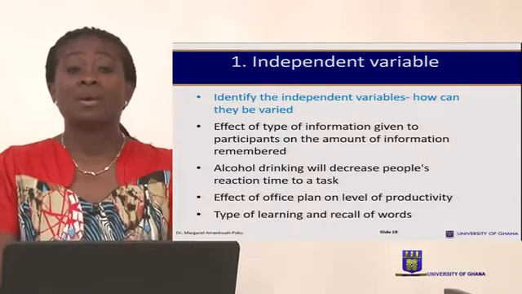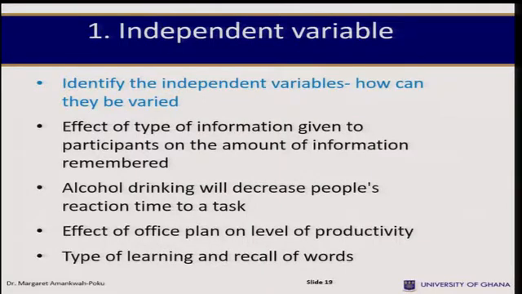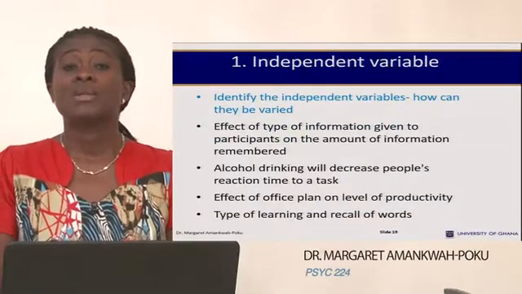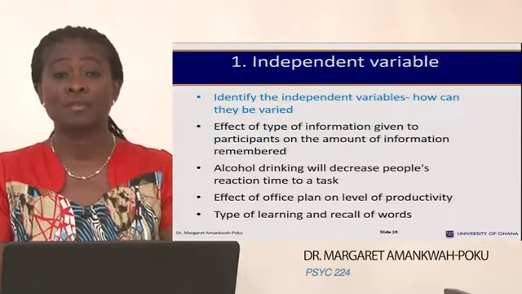So let me look at this example. Identify the independent variable and how you vary it. I'll do the first one and you can go ahead and do the others with your colleagues. The effect of types of information given to participants on the amount of information remembered. So let's say we have 2 groups of participants, then we give them 2 types of the same information but in 2 different forms.